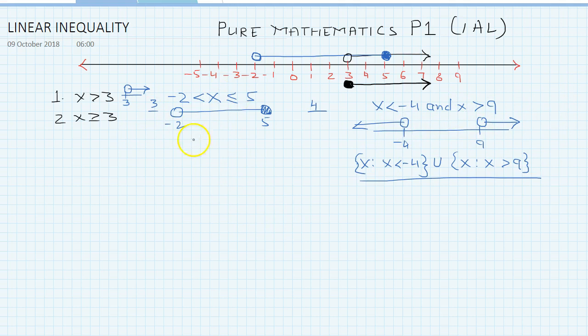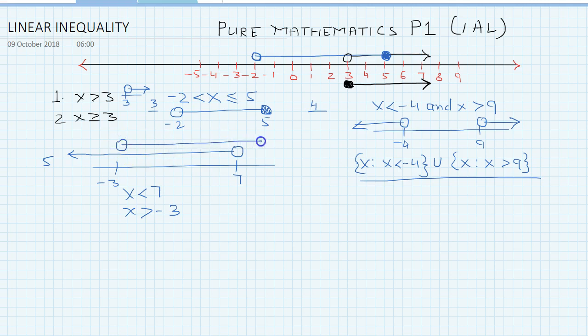Some are overlapping inequalities. For example, the fifth example: if this is a number line, if it says x is less than 7, suppose this is 7, and x is greater than -3, this is -3. So our solution is this.